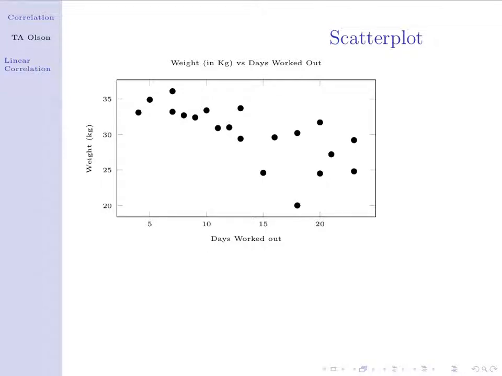All right, so let's go back and look at Chifaru's weight versus days worked out. We definitely have a negative pattern, so our correlation coefficient is expected to be negative. It's a noticeable pattern, so we would expect R to be maybe 0.7, 0.8.